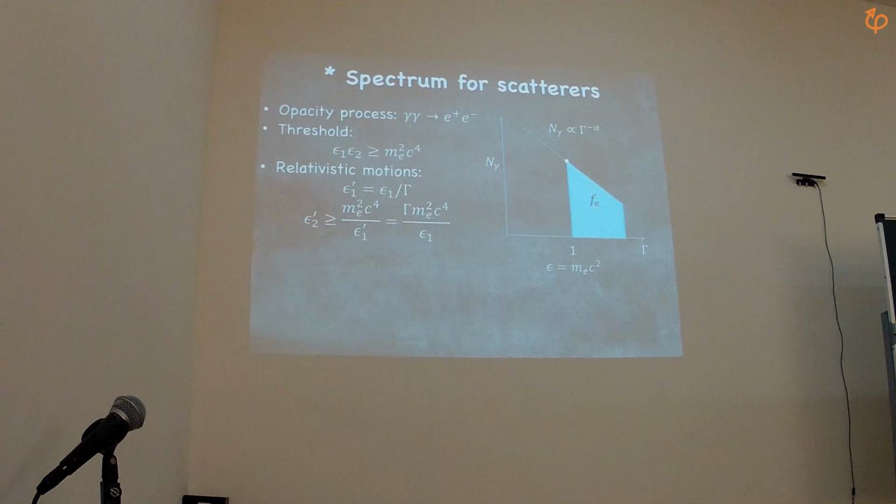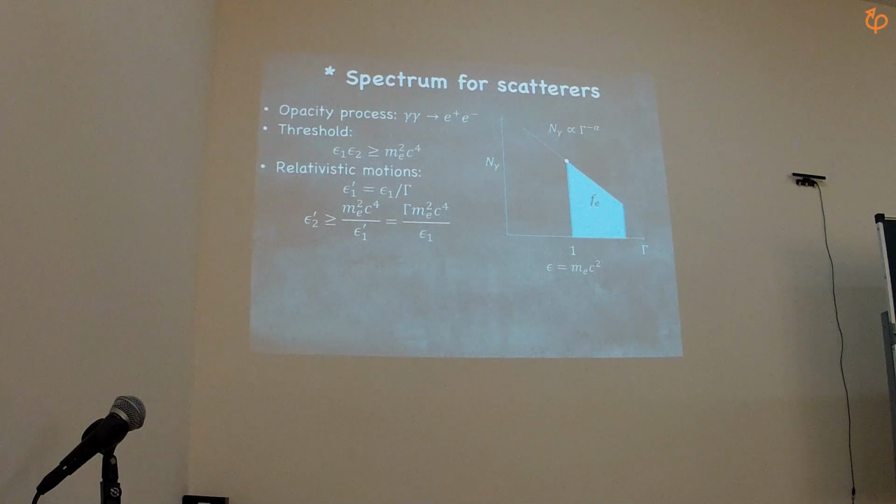And when stuff is moving at a velocity close to the speed of light, this energy is multiplied by a factor of gamma. So if I have a blob that is moving toward you at a Lorentz factor of 10, and it is emitting a photon of light with an energy of half an MeV, the energy that you will see will be 10 times half, 5 MeV. So it is multiplied by a factor of gamma.